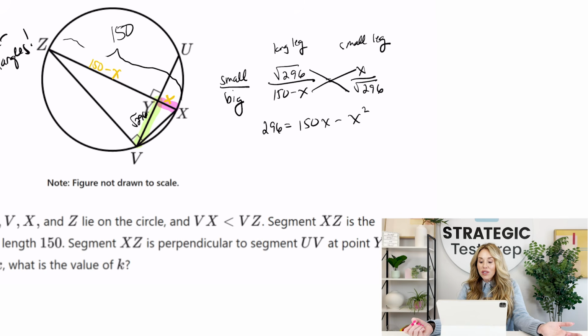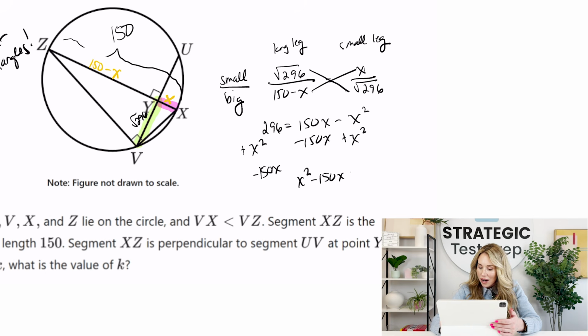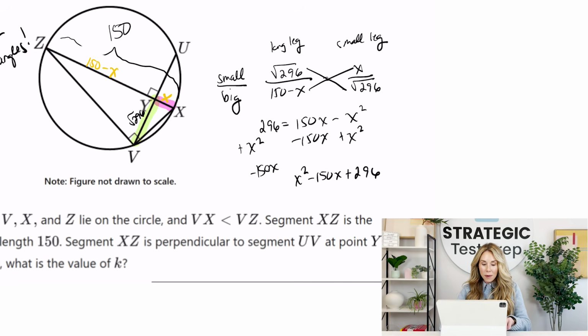Then I'm going to pop that into Desmos, but before I do that, I want to move everything to the other side so it's all on one side. Otherwise, Desmos gets weird with quadratics and gives you lines straight up and down. So I have a positive x squared minus 150x plus 296. And that's what I'm going to put in Desmos to see the solutions.